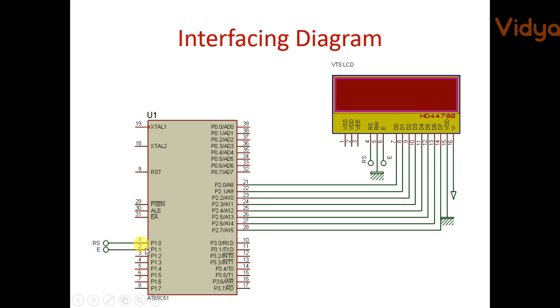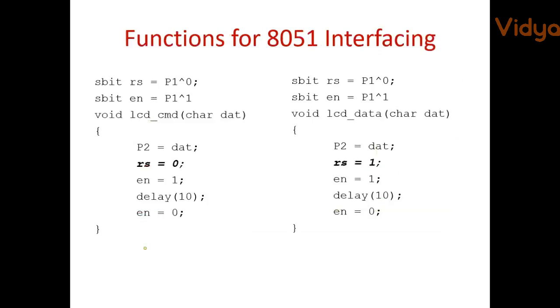Broadly, there are two different functions which can be created for LCD interfacing. One is to transfer the printable data onto the LCD, and another one is to transfer the executable commands onto the LCD. The interesting thing is there is only one difference in these two functions, and that is RS. So we declared the RS and enable pins here.